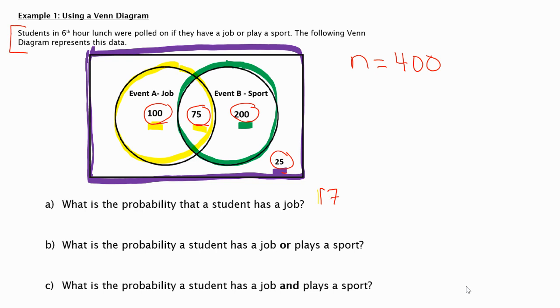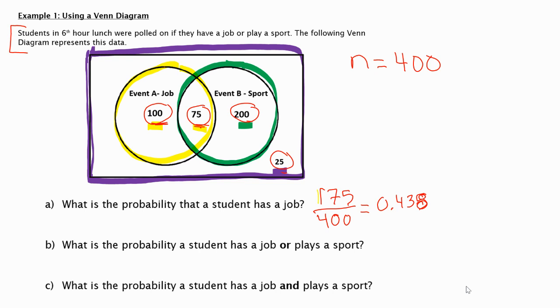So there are 175 students who identify as having a job out of 400. When I divide that, my probability is 0.438. Probability is calculated the same way we saw in the previous video.